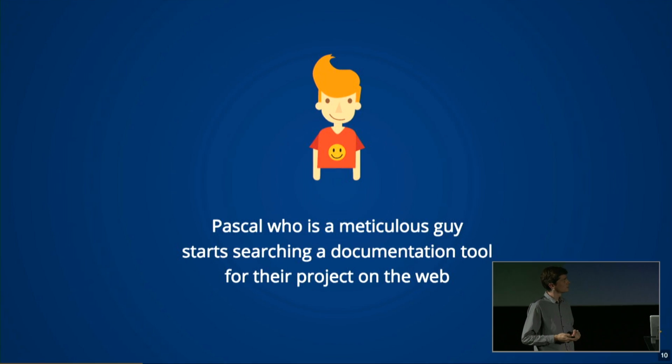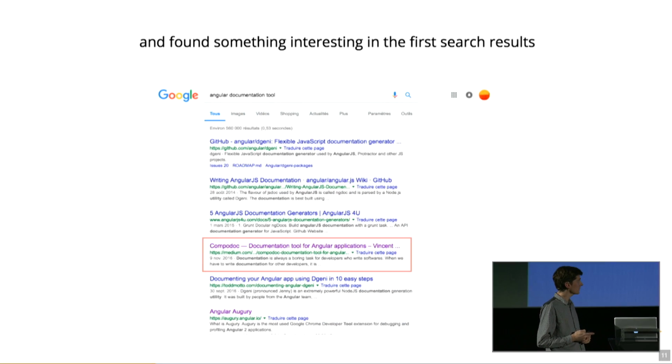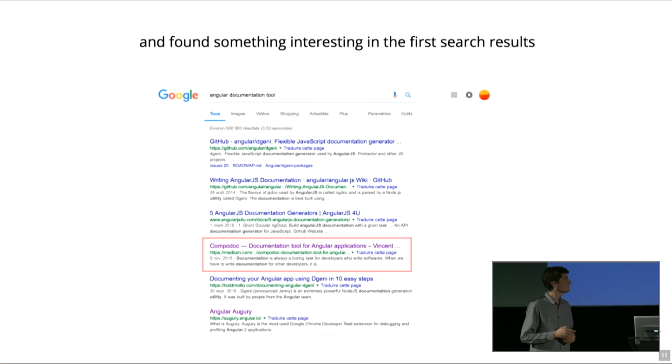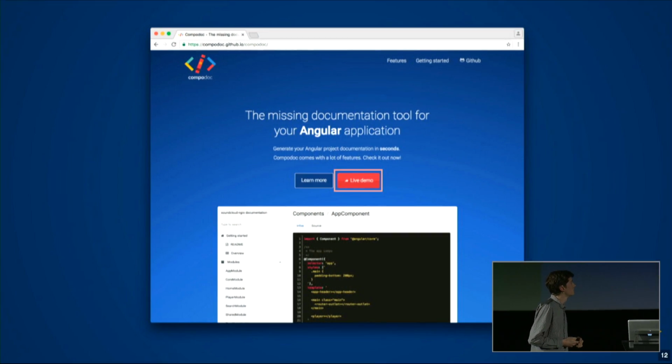But Pascal, who is a meticulous guy, wants to correct that and starts searching for a documentation tool on the web for the project. On the first result page, he finds an interesting result about a tool. He opens the website and finds a live demo.